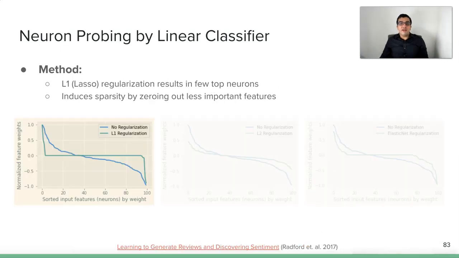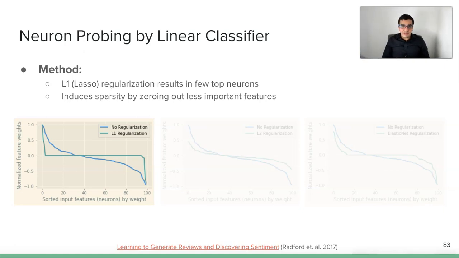So Radford et al. used L1 or lasso regularization. What this forces the classifier to learn is very spiky weights, indicating the selection of very few specialized neurons with the importance of the majority of the neurons set to 0. This can be helpful if the goal is to identify very focused or very specialized neurons that are responsible for very specific concepts.